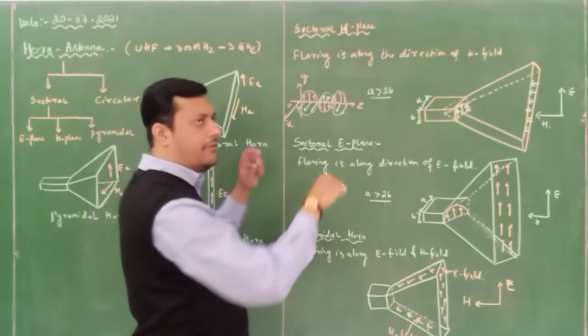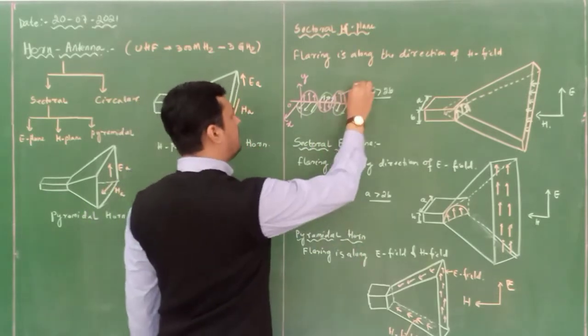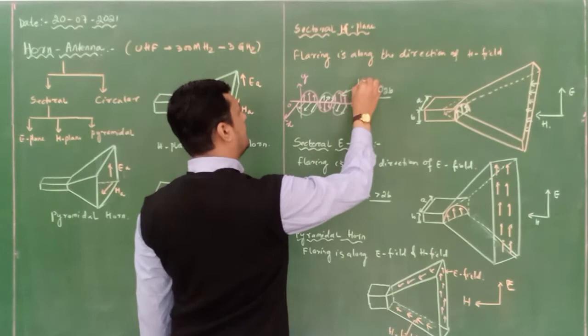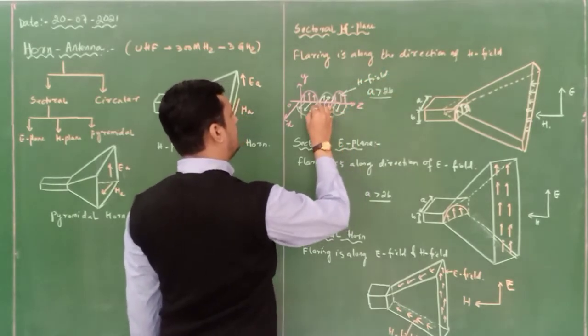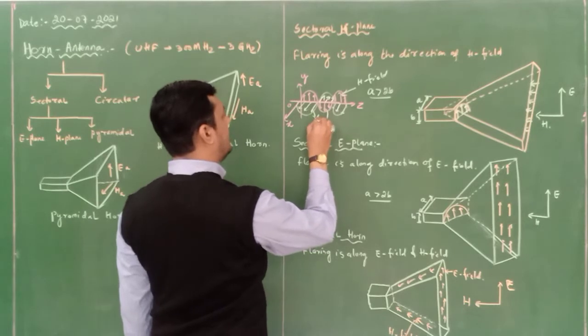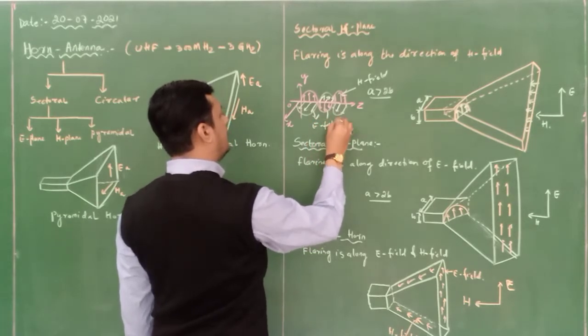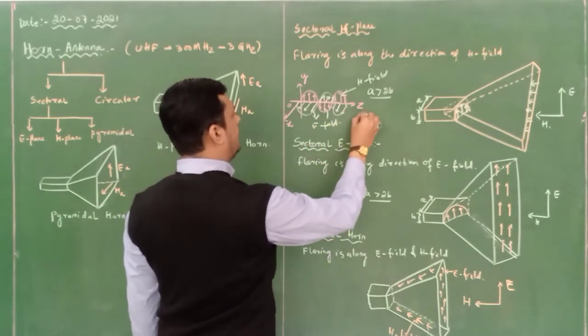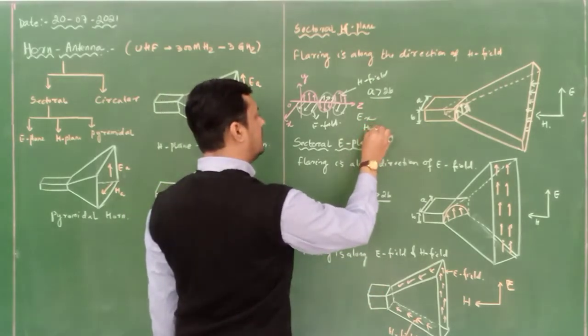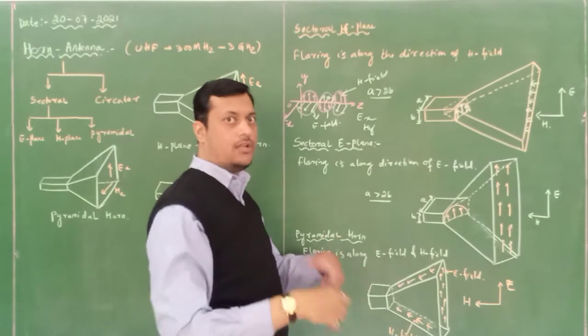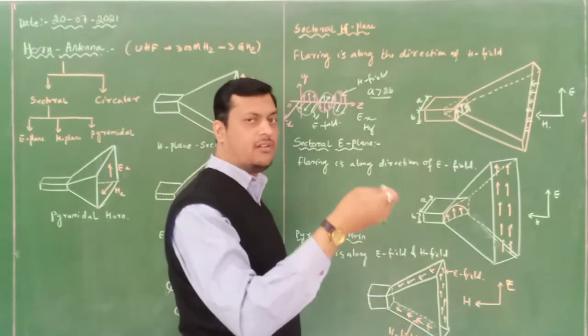In this total EM wave, the pink lines are the H field and the green lines I can consider as the E field. The electric field is moving along the x-axis, the magnetic field is moving along the y-axis. That means the total power is propagating along which direction?